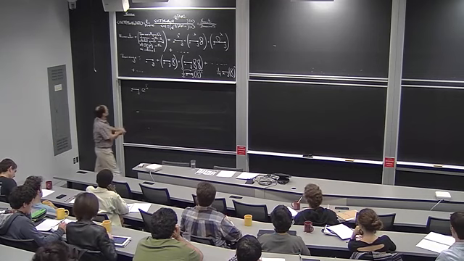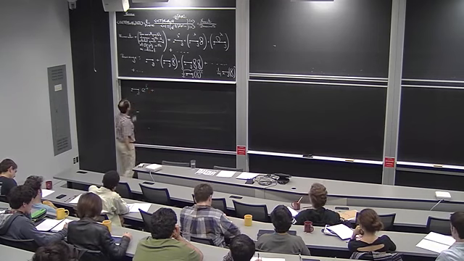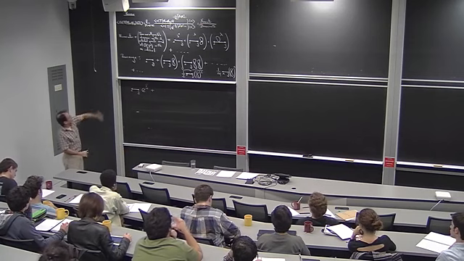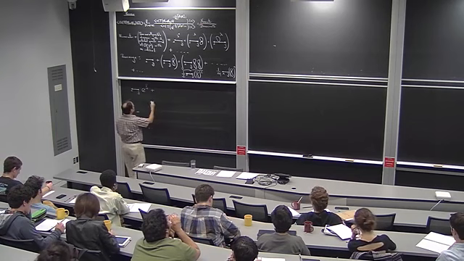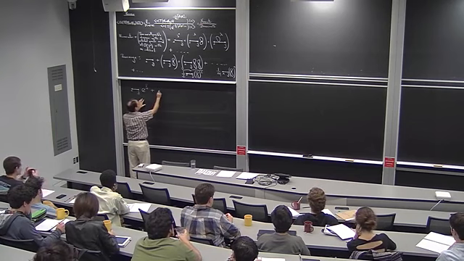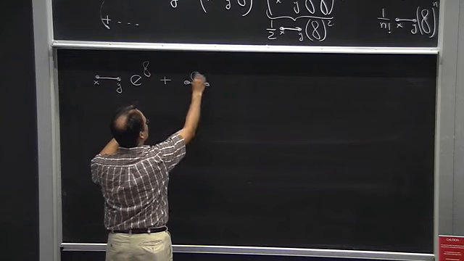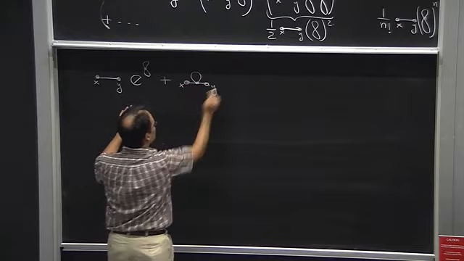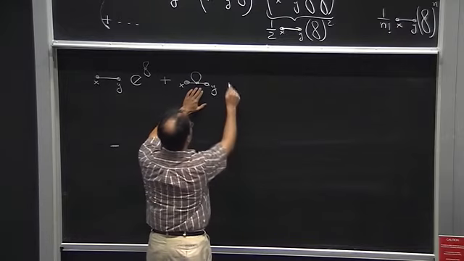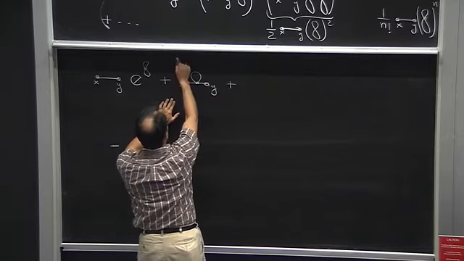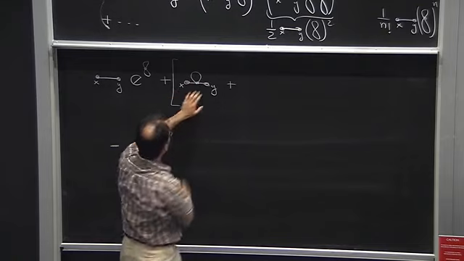Now, what do we want to do? Well, let's look at the other diagrams, right? Now consider another diagram that looks like this. Okay? Let's look at this one. Now consider, well, let me use this symbol, this diagram.